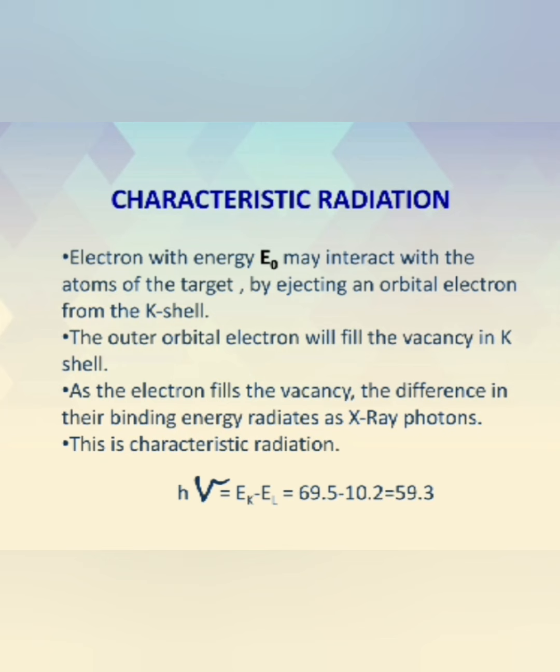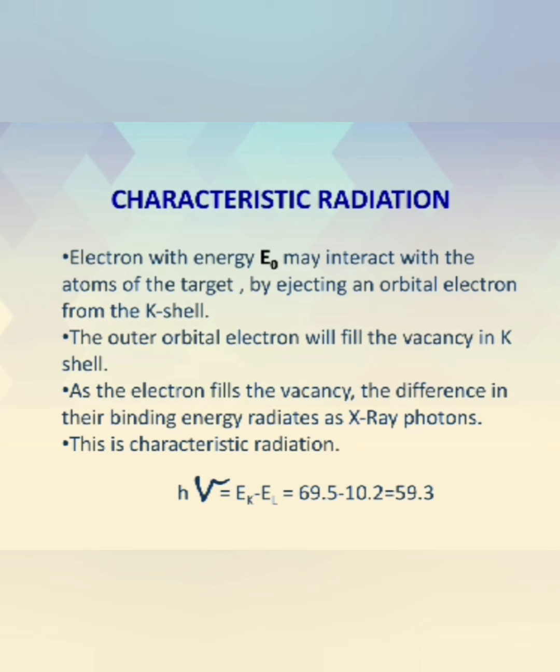Now, if we consider a tungsten atom, the binding energy in the K shell is 69.5 and the binding energy of the L shell is 10.2. So what will be the difference of the binding energy? That is represented by the equation hν = EK − EL, where EK is the binding energy of the K shell and EL is the binding energy of the L shell.